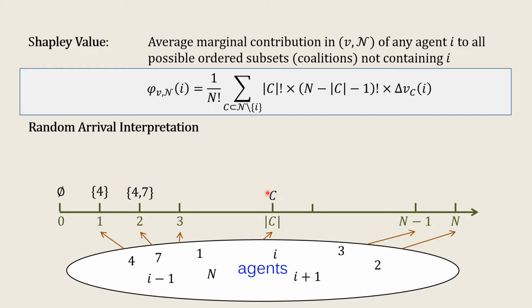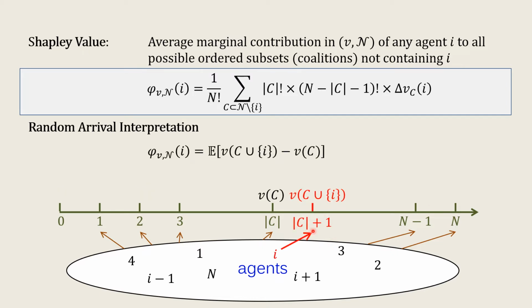Suppose this is the coalition C at a certain time, where that time is equal to the size of C. Let's say at the next time instance, |C| + 1, agent i is randomly picked and joins the coalition, so that the coalition now is C ∪ {i}. The time instance increases by 1.